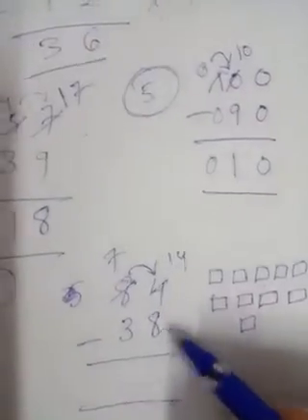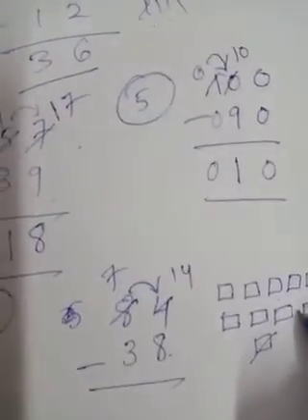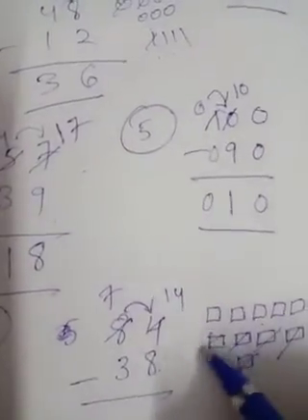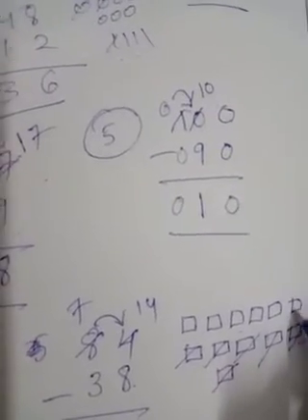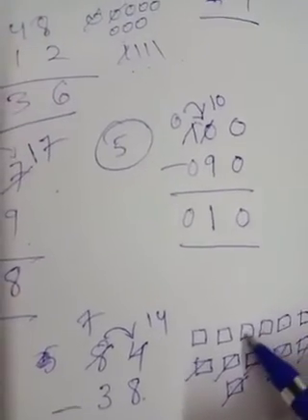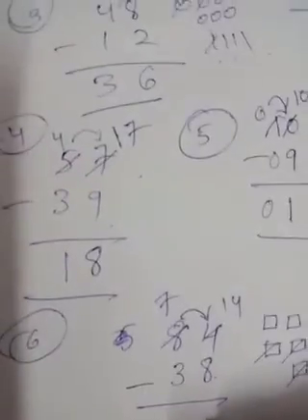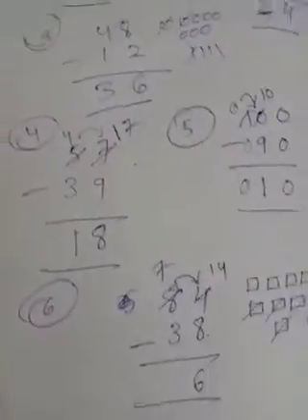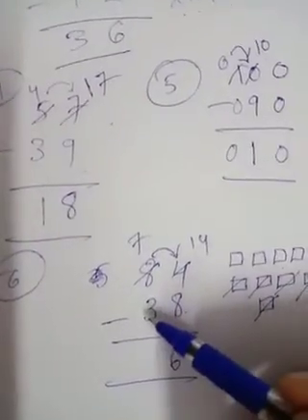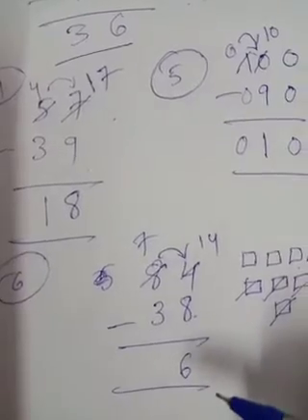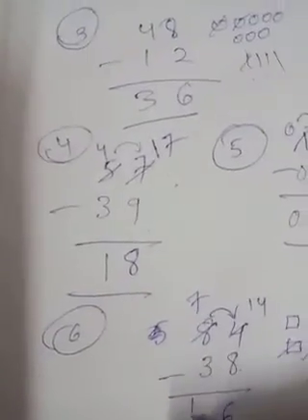In this 14 boxes, how many will we cut? 8. 1, 2, 3, 4, 5, 6, 7, 8. Now count the remaining: 1, 2, 3, 4, 5, 6. 6. So here how many tens are there? 7 tens. So 7 minus 3. How much? 4. So I am showing another example also, children.